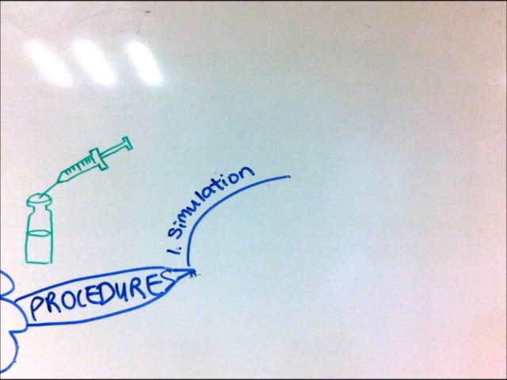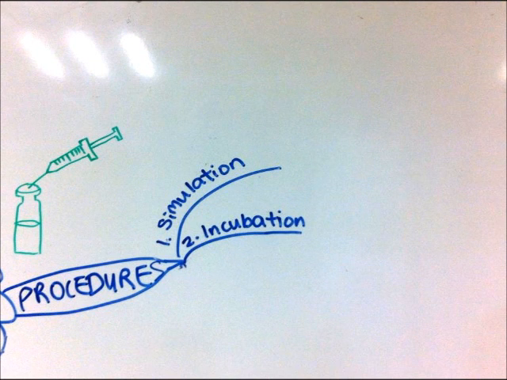microbiological growth medium is processed and handled in a manner which closely simulates the routine manufacturing processes. And the incubation is the sealed containers filled with medium are then incubated under prescribed conditions and then examined for evidence of microbial growth.